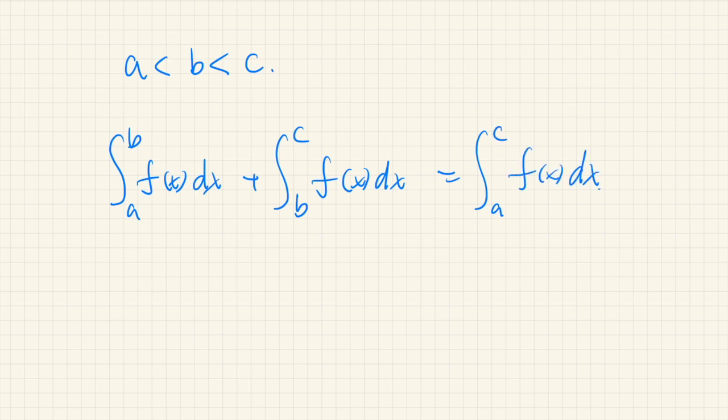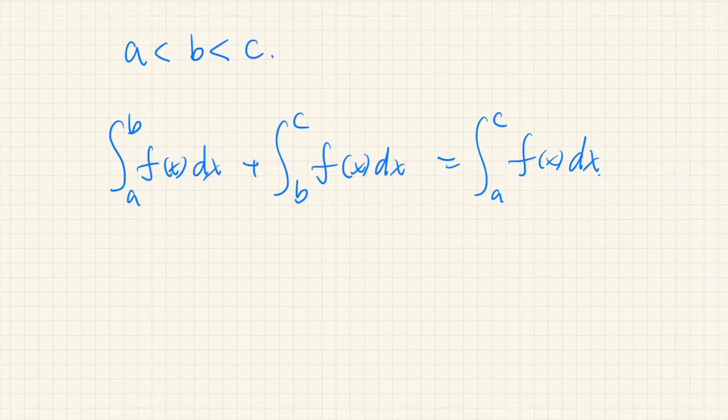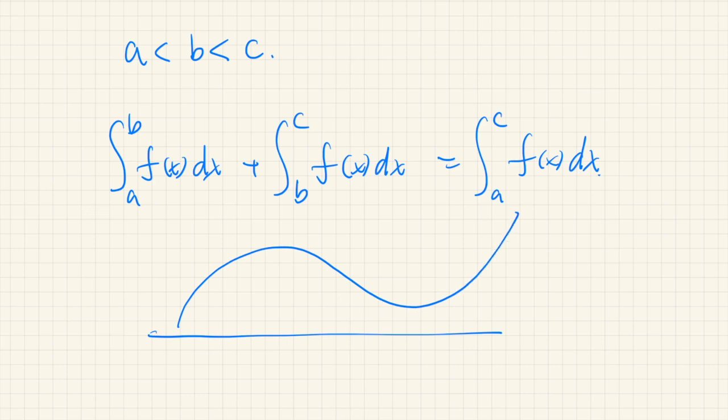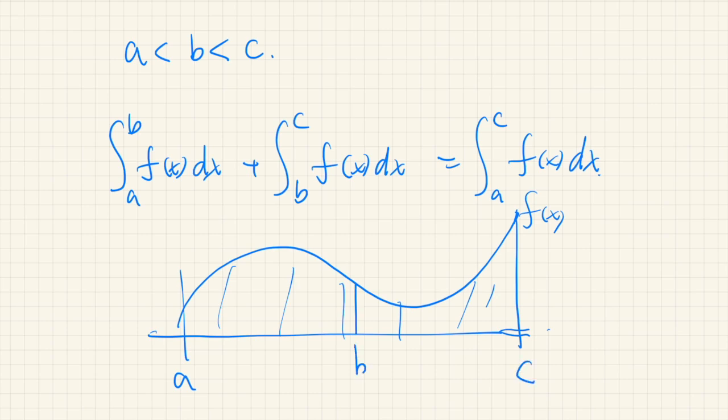Okay, what does this mean? As we have seen, the integral is basically the area enclosed by the function and the x-axis. So this is a, this is c, and somewhere in between there is b.